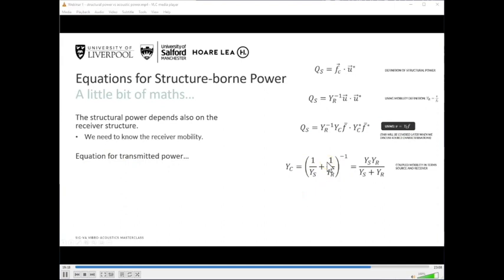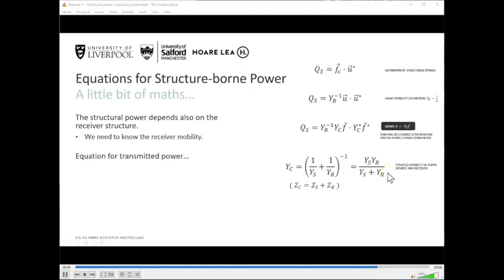So those of you that are familiar with electrical circuits might notice that if you replace the mobility with 1 over the impedance, the equation that you end up with looks very similar to the equation that you get when you add electrical components in series. And indeed, there are some equivalences between connecting structural elements and connecting electrical components.